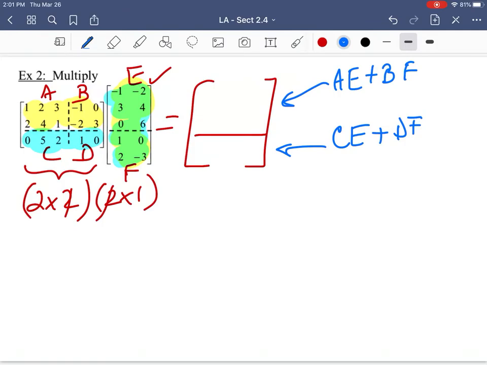All right, so I'm going to need some calculations. Of course you can put some of these things into your calculator, but I'm just going to do them by hand right now. So I need AE, so I'm multiplying A times E. Remember, I'm doing my row times my column, so it's just normal multiplication. I have 1, 2, 3 being multiplied by negative 1, 3, 0.